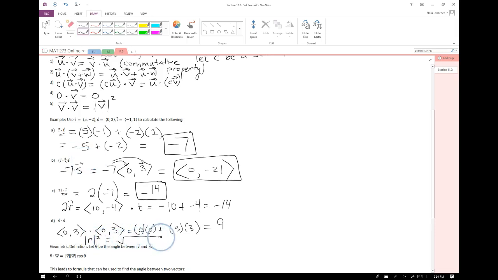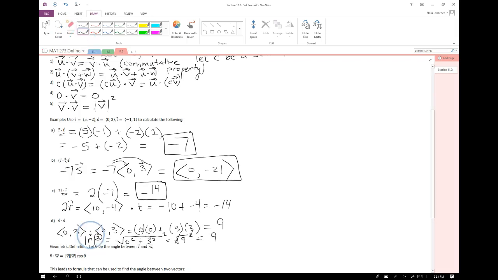The magnitude of r, remember, is the square root of its first component squared plus its second component squared. And if we square that, we should get the same thing. On the inside, we've got square root of 9, but then we're squaring it, so the square and the square root cancel each other out, and we do get the exact same result. And let me fix one thing here.